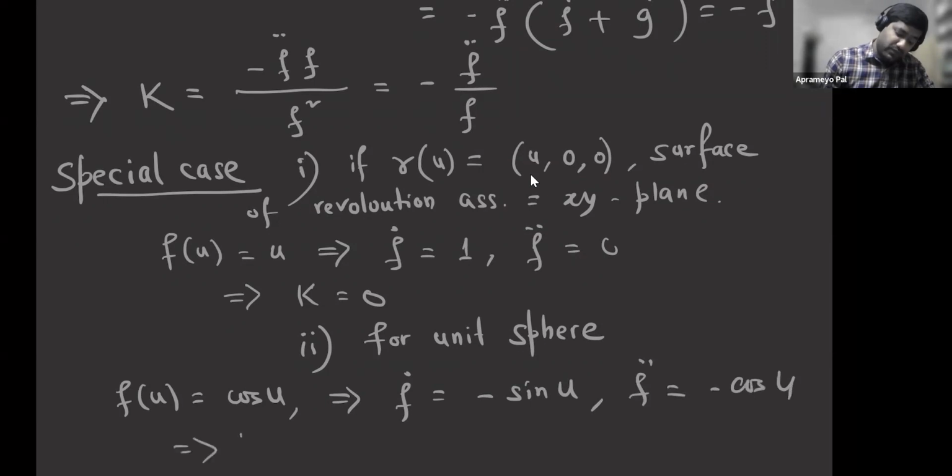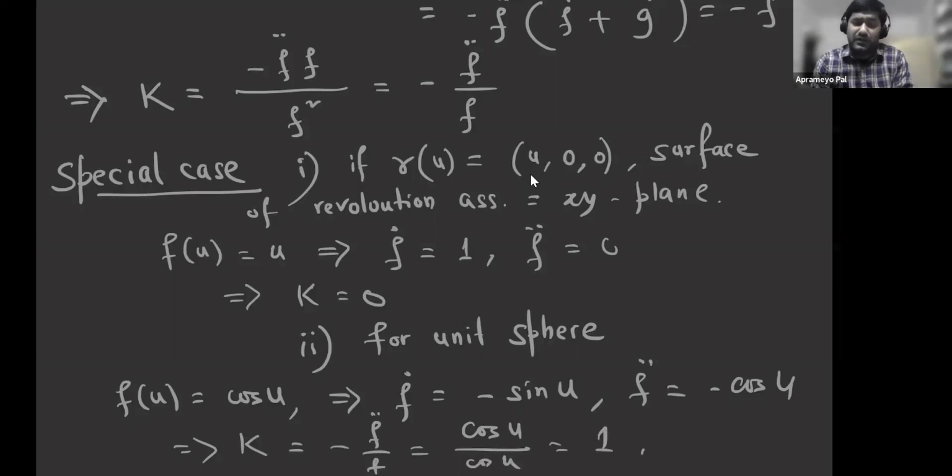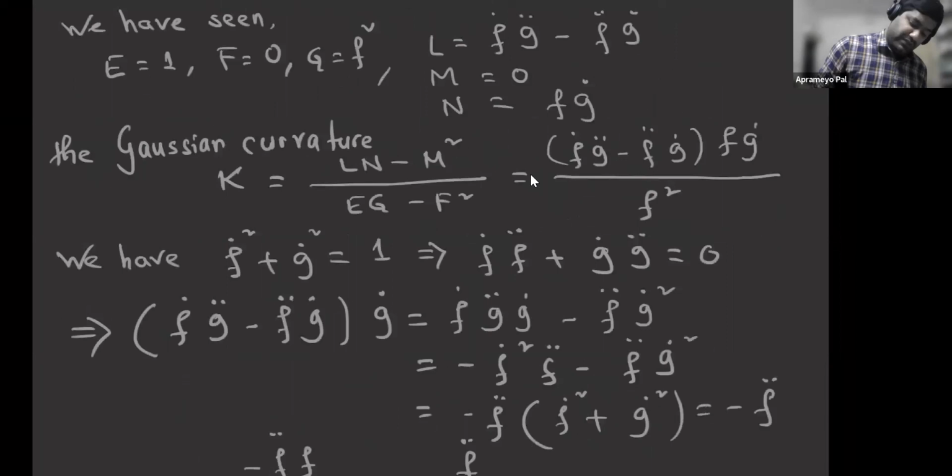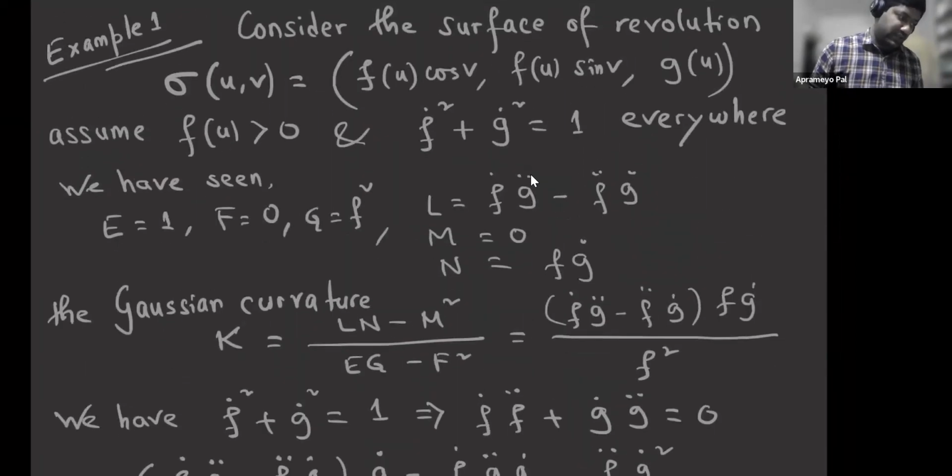This will give you the Gaussian curvature is minus f double dot divided by f, which is nothing but minus, minus cancels out, cos u over cos u is 1, which is again nice, right? Because in case of the unit sphere, we expect the curvature to be 1, which we have also seen before. So this also makes sense. So we are done with the first example.